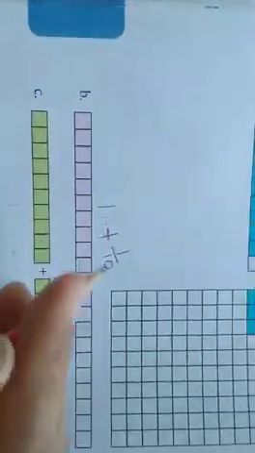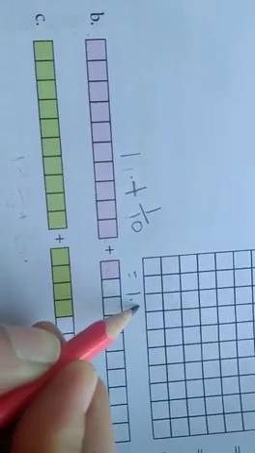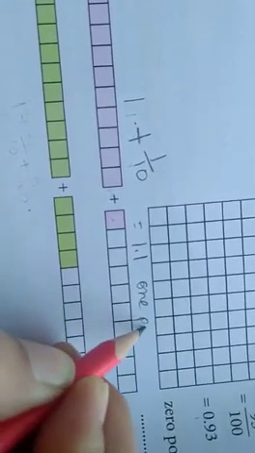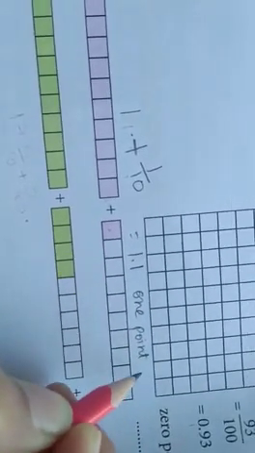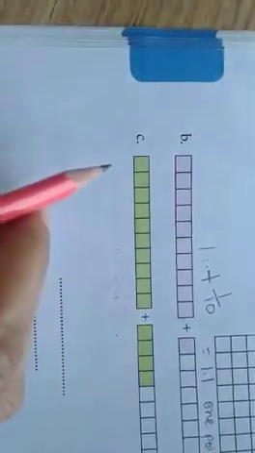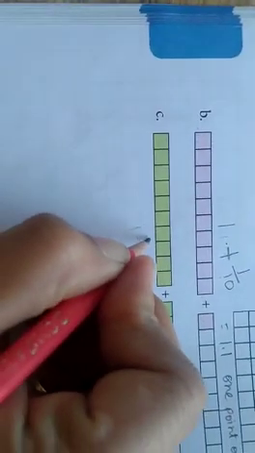Okay, so it will be in this way, 1.1. So we will be writing 1.1. Clear? Now here question C, here all the boxes are shaded, so it will be 1.